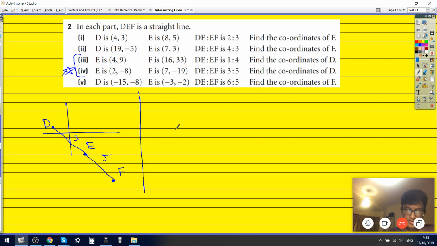So because D is the beginning, we could call that X and Y. Because coordinate E is 2, minus 8. Yeah. That's why I did this sketch this time.